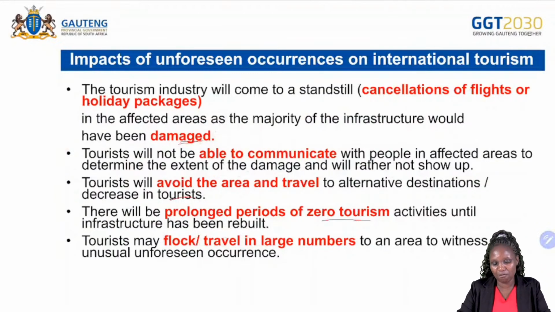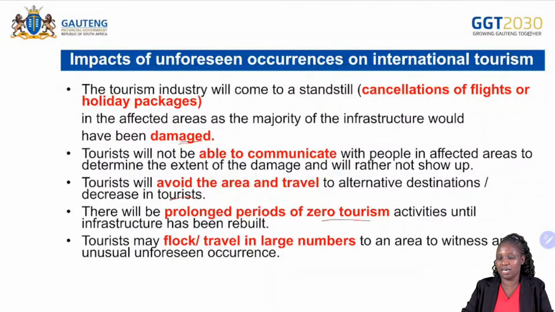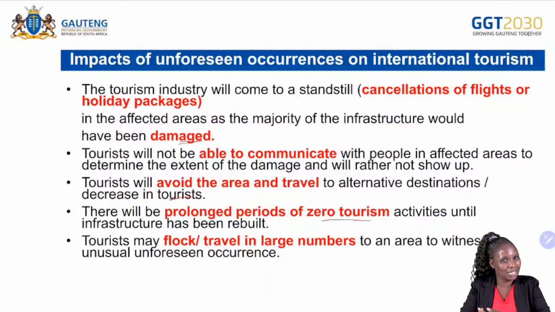Then the tourists may flock or travel in large numbers to an area to witness an unusual, unforeseen occurrence. Other people will flock to an area to witness an unforeseen occurrence. For example, in our daily lives, if you see an accident of cars, normally people will gather around and stand and watch what is happening.